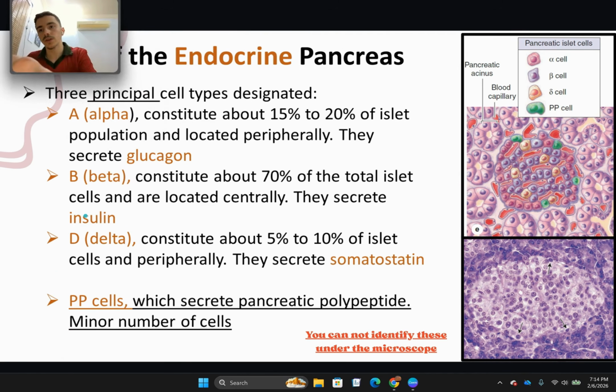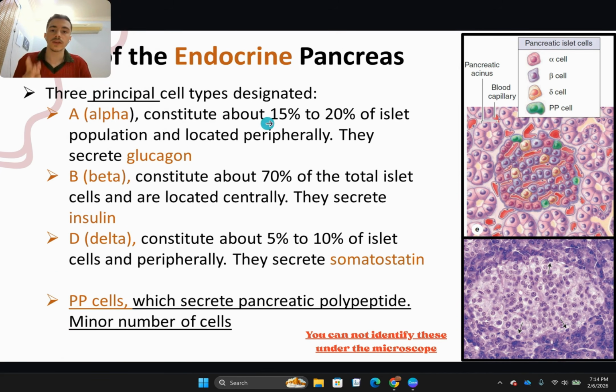For the alpha cells, it's about 20% of these cells, which is the pink one, and they secrete glucagon. For the beta cells, it's 70% of them, which you can see as the purple one in the middle here, and they are for insulin.